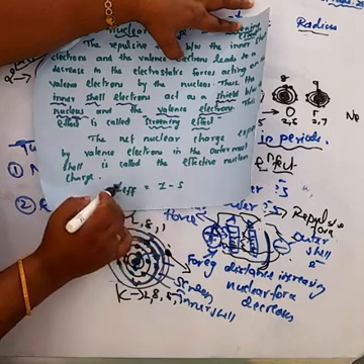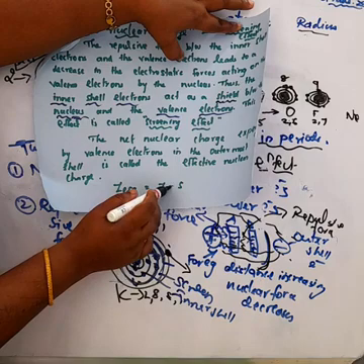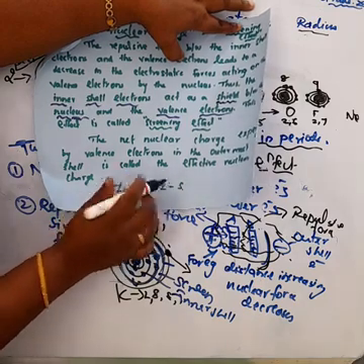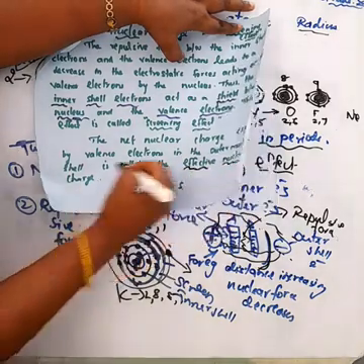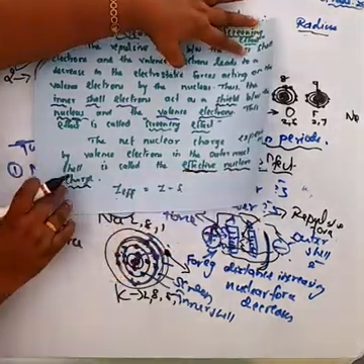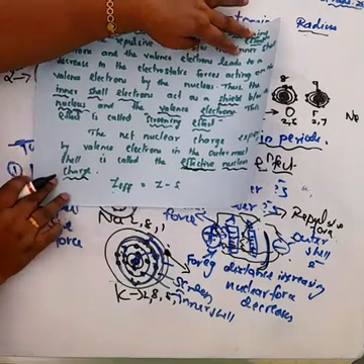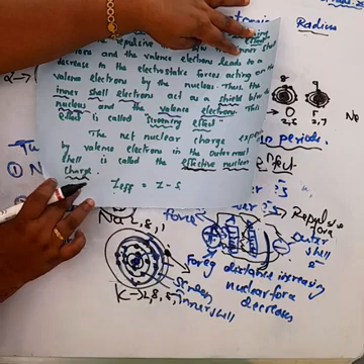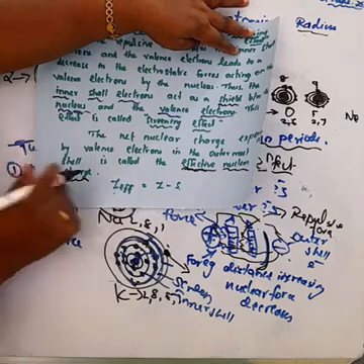Zeff is equal to Z minus S. Using this formula, we can calculate the effective nuclear charge on the outermost electron. Here Z means the atomic number, and S means the screening constant.